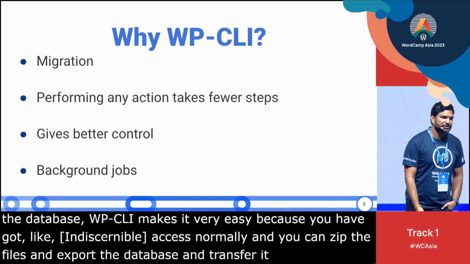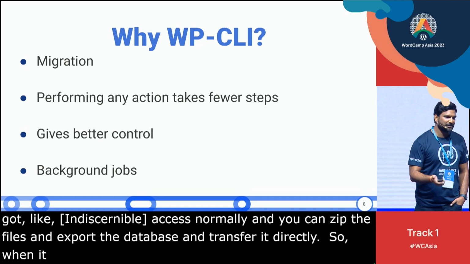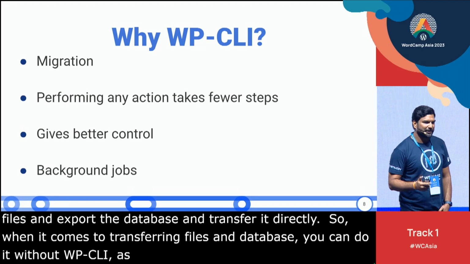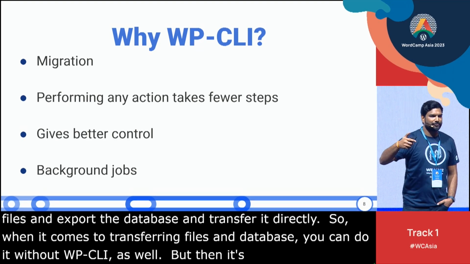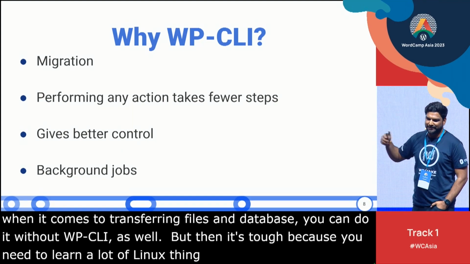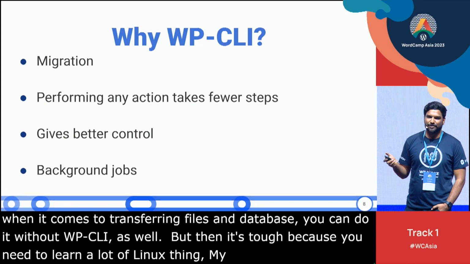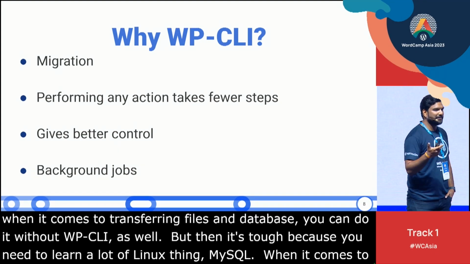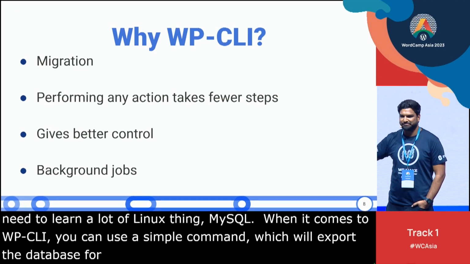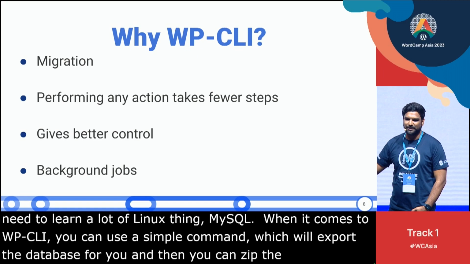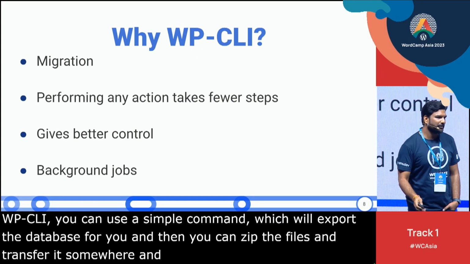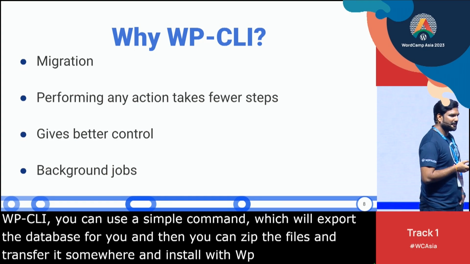You can do it without WP-CLI as well, but then it's tough because you need to learn a lot of Linux things, for example MySQL, and different things, right? With WP-CLI, you can use a simple command like wp db export, which will export the database for you. Then you can zip the files and transfer it somewhere, duplicate and install it with wp db import. So that's how you can quickly migrate a site, right?